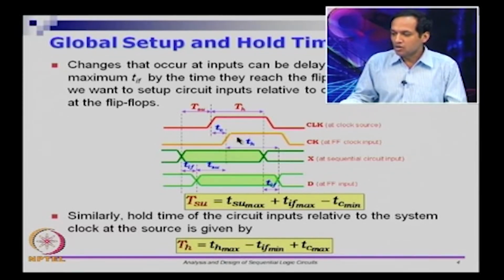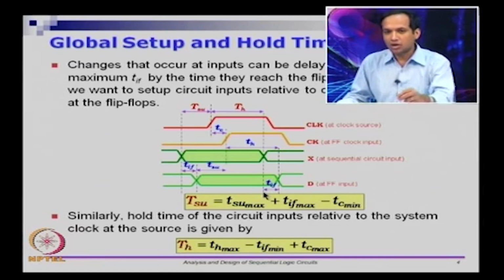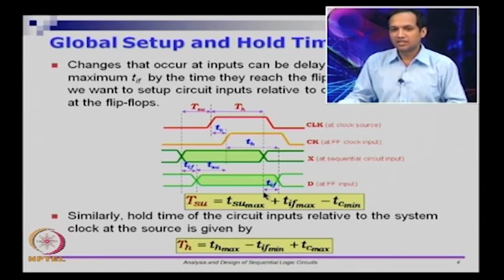I want to wait for the largest hold time among any of the flip flops and the largest clock to external CLK to CK delay for all the flip flops. That gives me TH max plus TC max. The reason you have to wait for the smallest one is that if there is a change in the input through the shortest path, it can go to the D input and may upset your flip flop, it may violate the hold time.